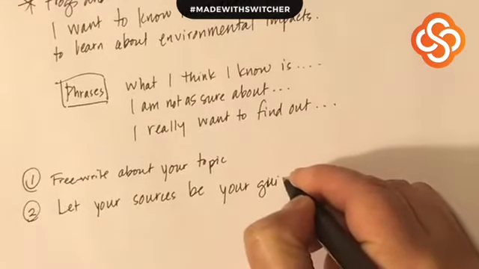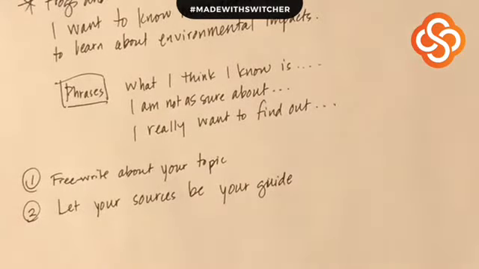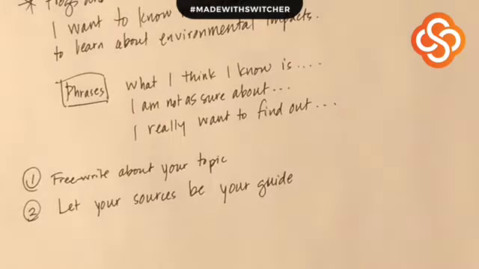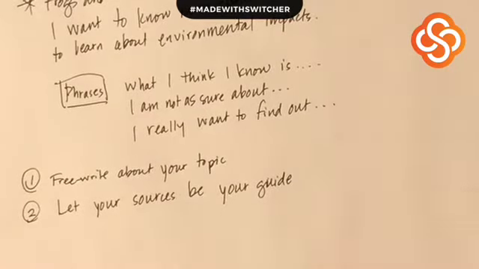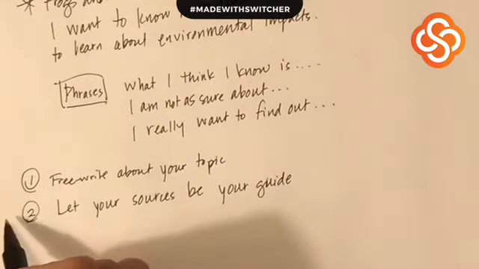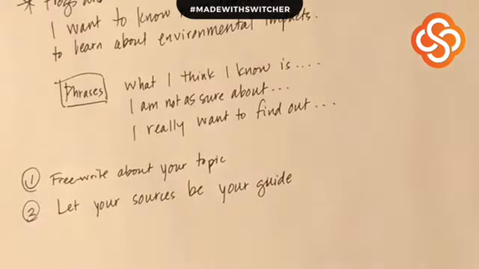And before I get to that, I'm going to have you do the free write. Do that right now. Once you finish your free write, I want you to take a quick recess break, and come back. And then I'm going to have the next part of the lesson, which is let your sources be your guide.